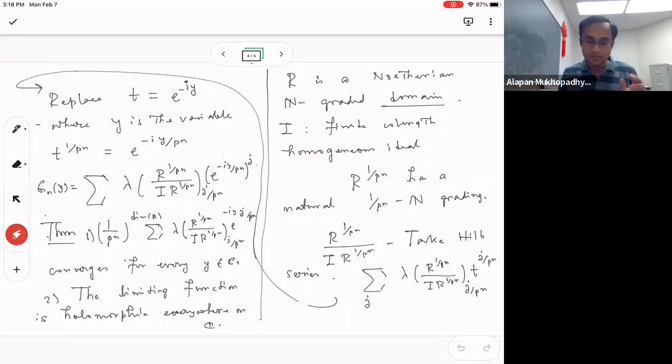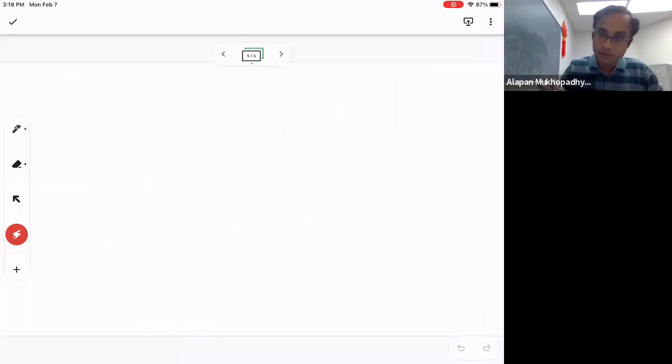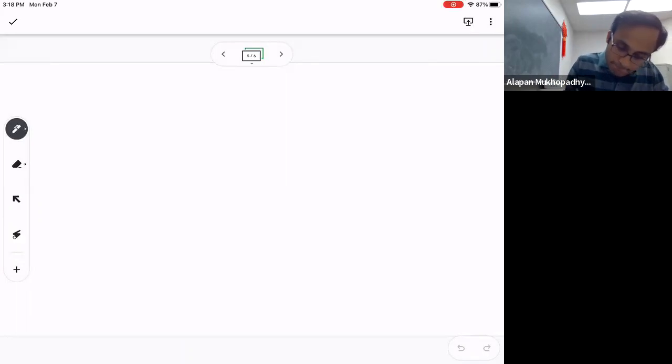Okay, and I will go to the next page and introduce Frobenius-Poincaré functions once more, but in this case for a graded module over a graded ring. Okay, so I'm going to give you a clear statement. So just note the following thing.